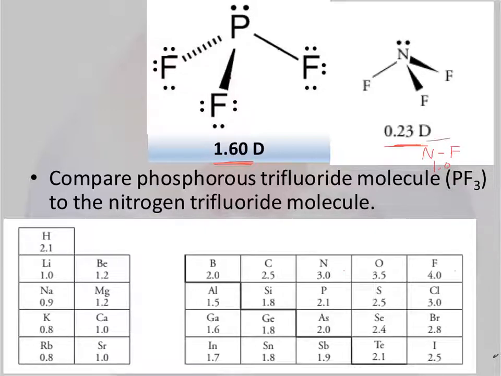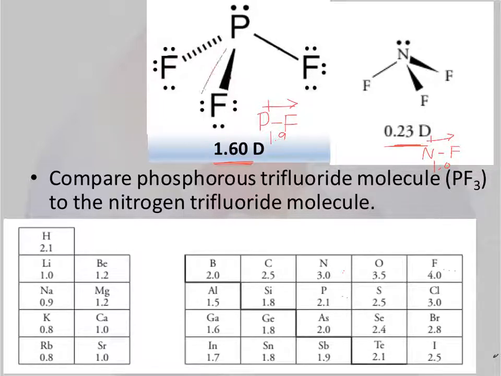Okay, so nitrogen is less electronegative, so fluorine's going to pull it that way. Over here, between phosphorus and fluorine, you see that we have an electronegativity difference of 1.9. So again, phosphorus is less electronegative than fluorine, so it's going to be pulling towards the fluorine.